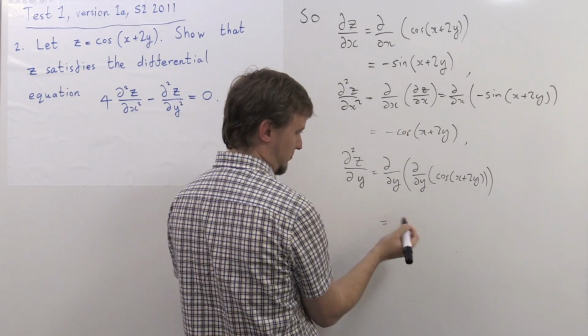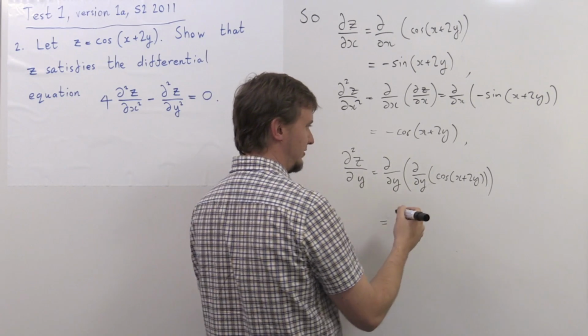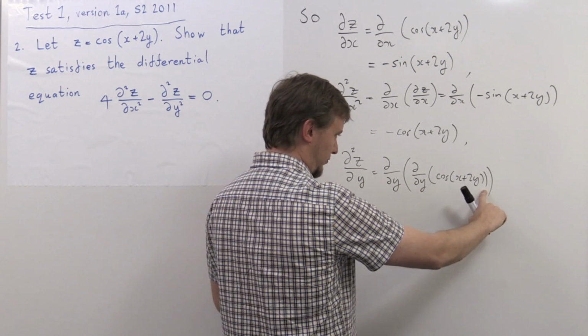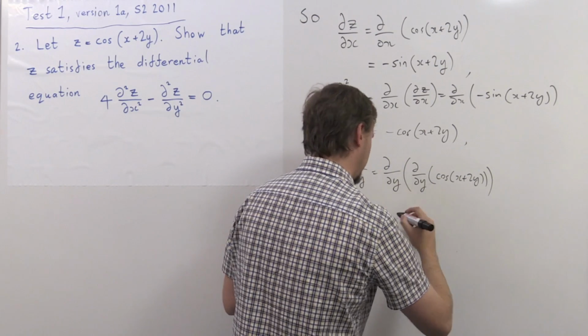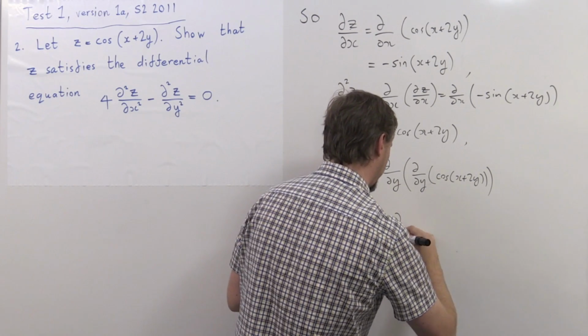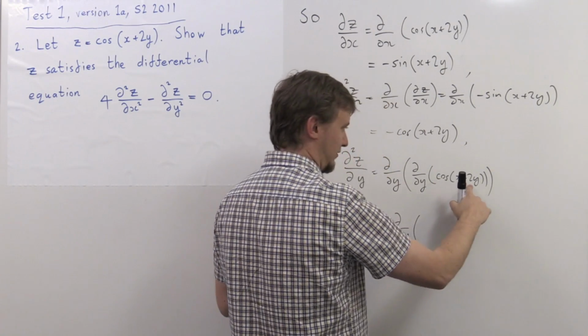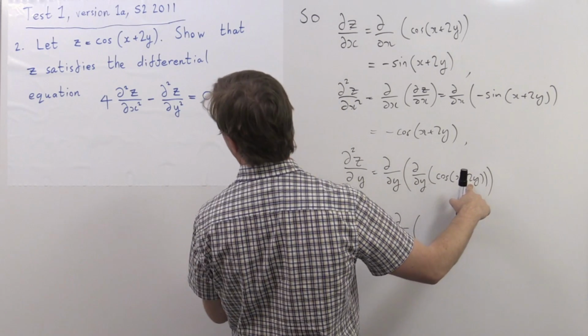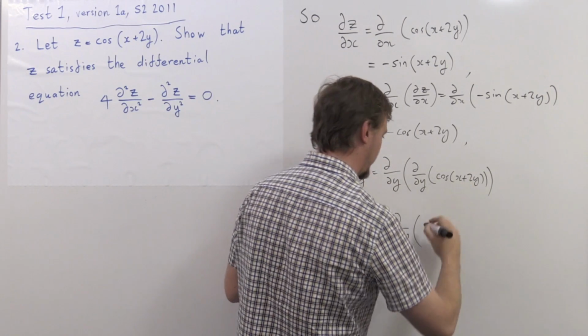It's a little bit crowded now, so maybe this isn't a good idea, but the first partial derivative with respect to y is fairly similar to what we had before, except that 2 there will give us a factor of 2 out the front.